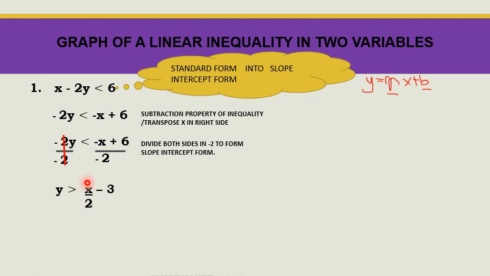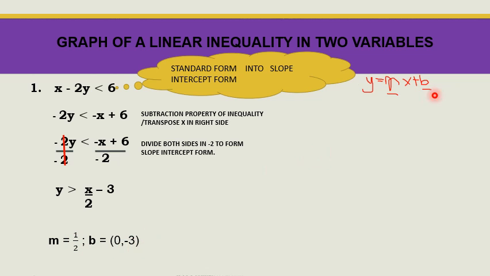Negative divided by negative is positive, so just simplify it. Dividing integers with negative over negative is positive. So 6 divided by negative 2 is negative 3. X over 2 is 1/2, so therefore m is 1/2 and b is (0, negative 3). Why does it happen to be (0, negative 3)?